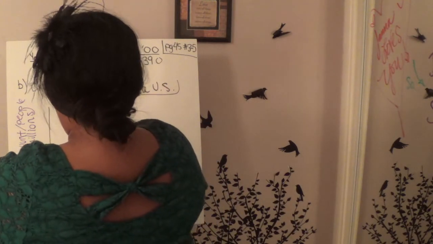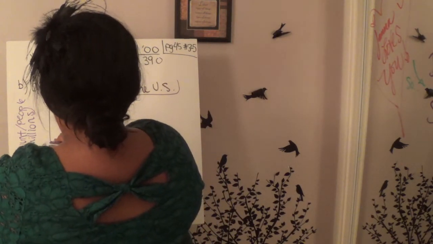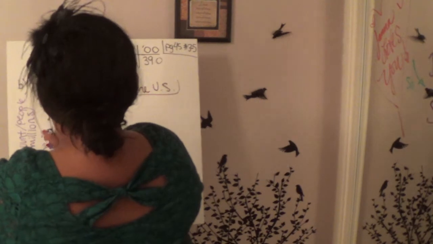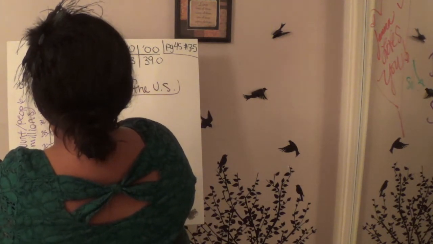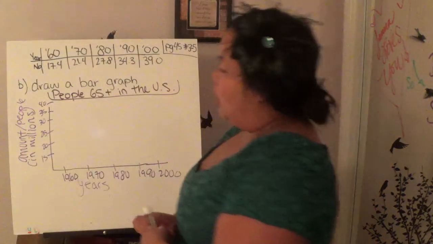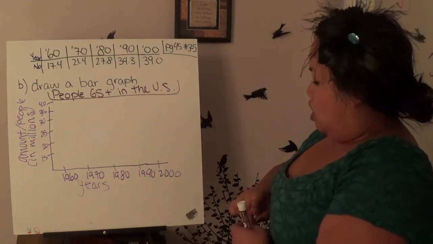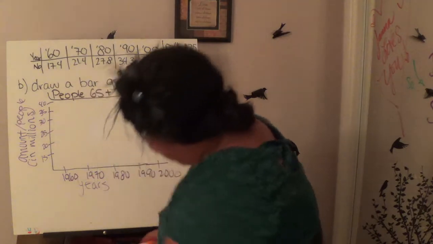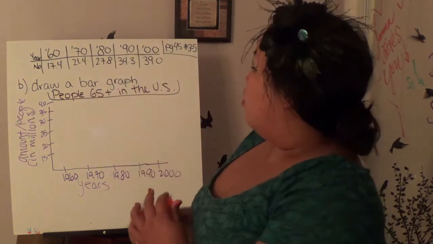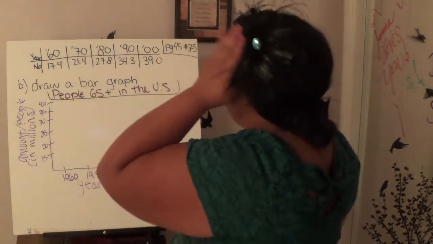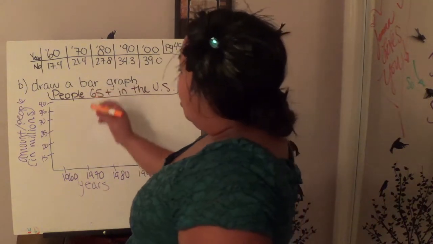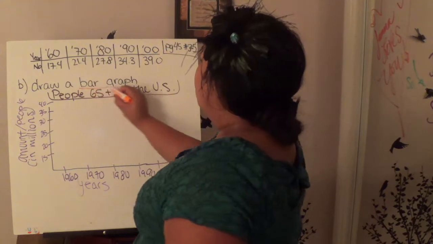I'm going to go 15, 20, 25, 30, 35, 40. I have more space here, so it shouldn't get into my title this time. So what we're going to do here is, instead of a dot, I'm going to draw a bar, hence the term bar graph.